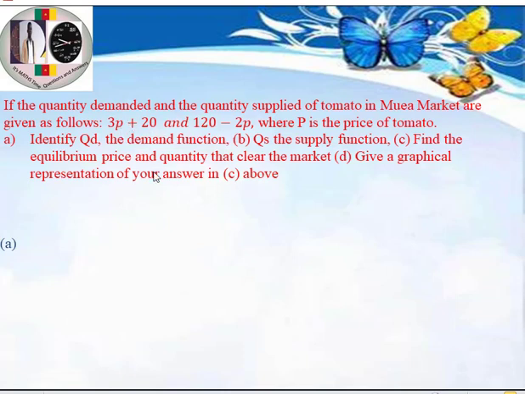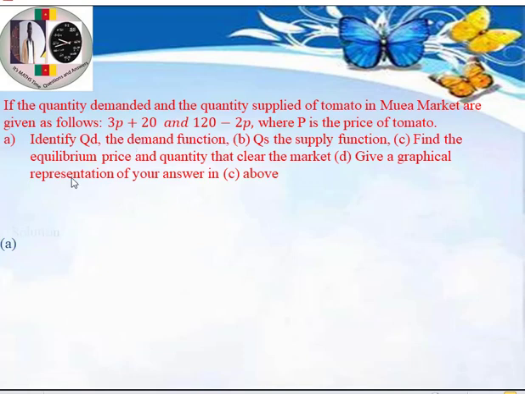So any time we see a demand and supply function, we look out for the negative and the positive signs. Again, for price to increase, the quantity demanded must decrease. Therefore, to indicate the decrease in the quantity demanded, we use a negative sign, and to indicate the increase in the quantity supplied, we use a positive sign.